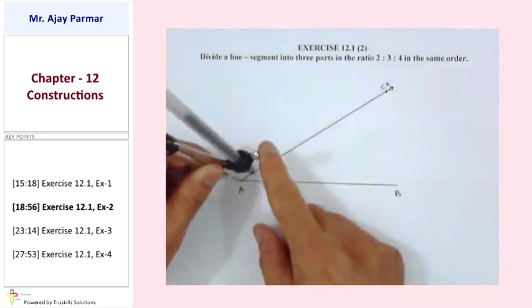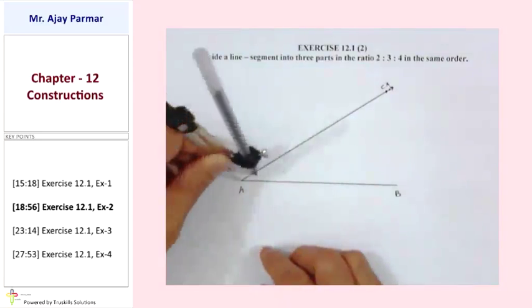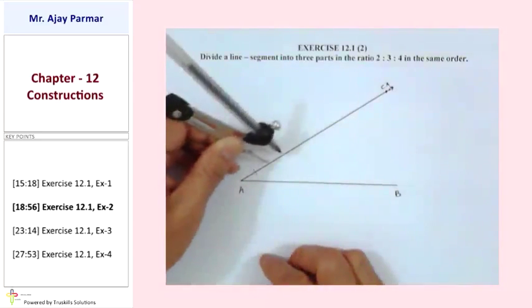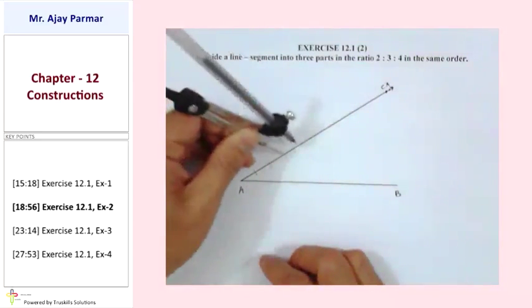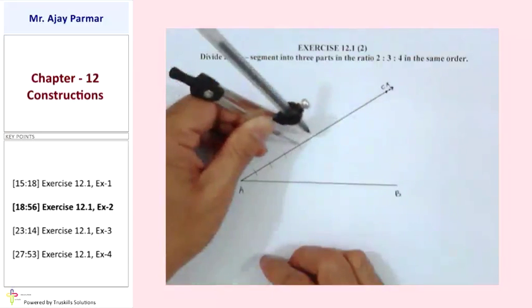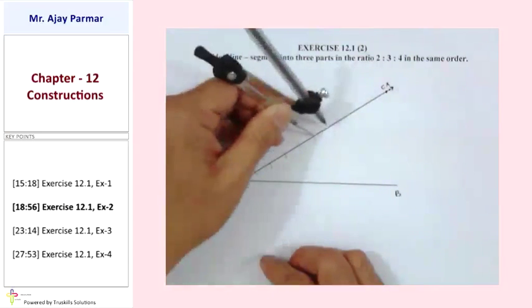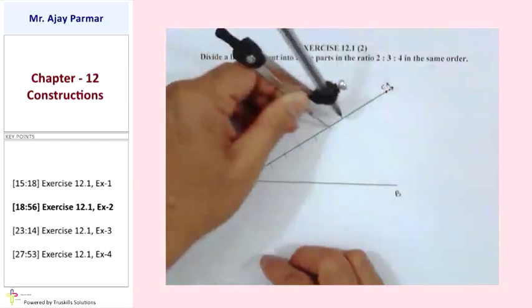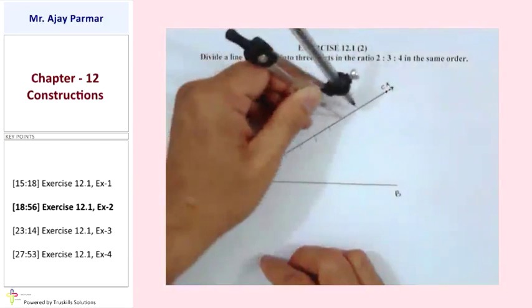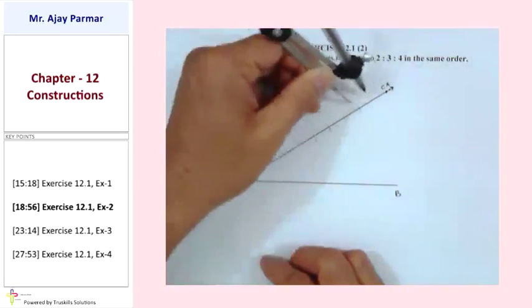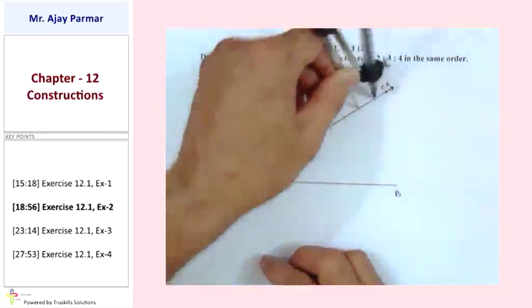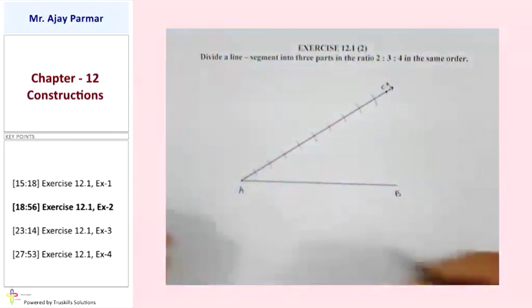So start plotting the points, that is A1, 2, 3, 4, 5, 6, 7, 8 and 9, and label them.